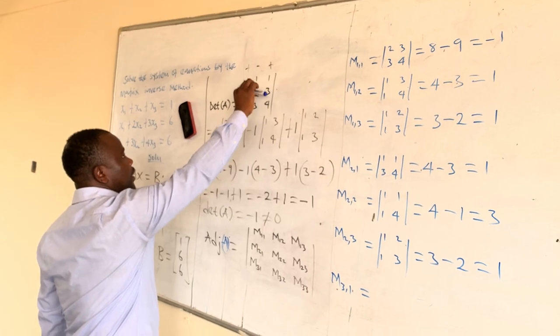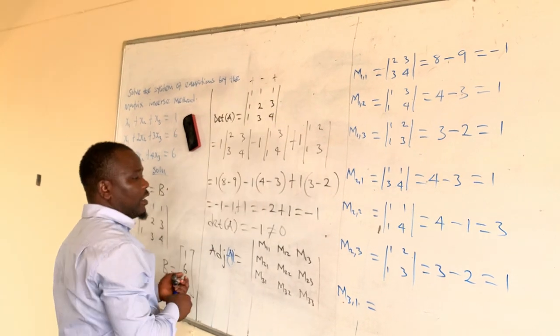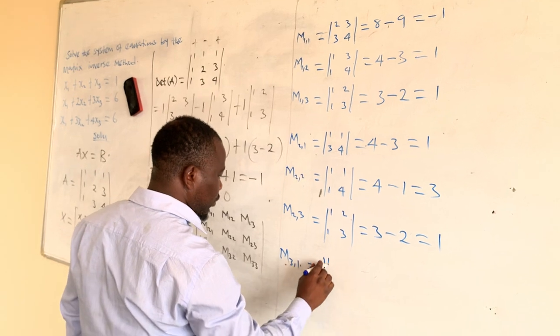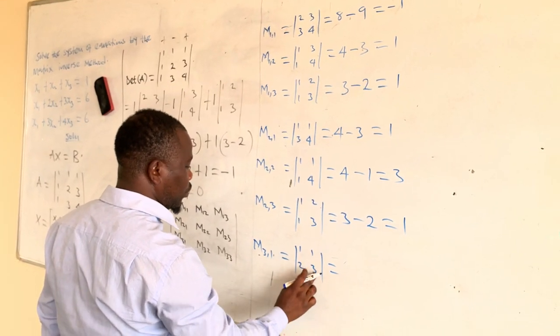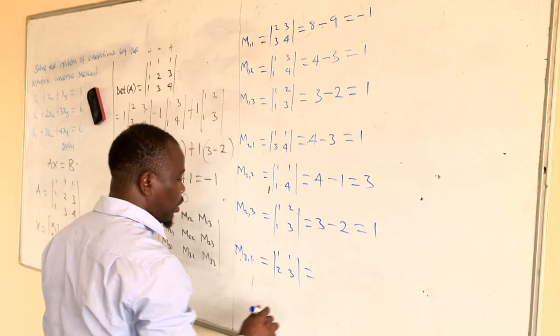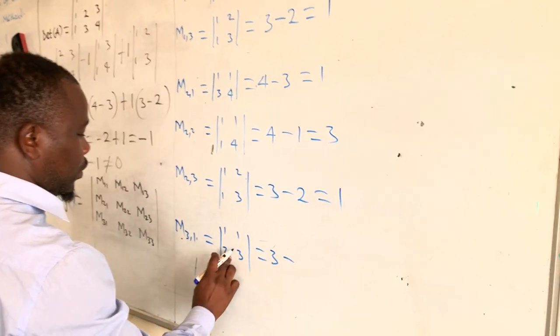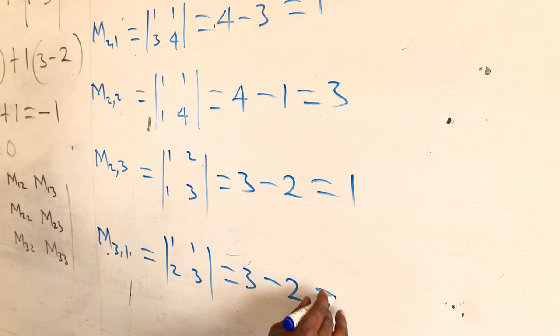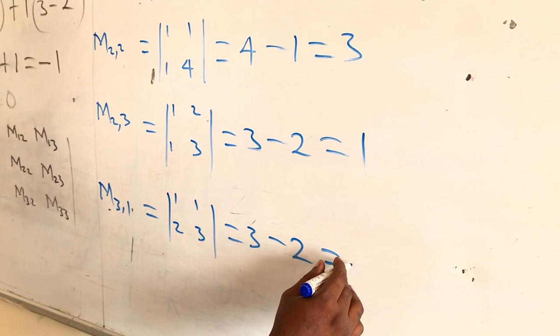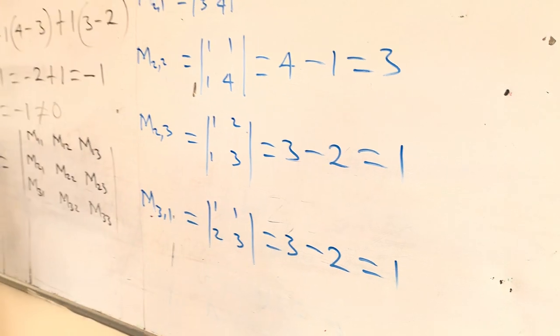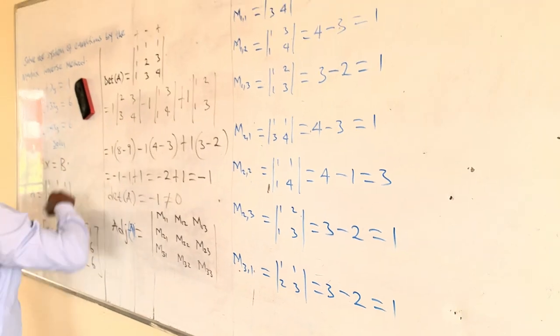We are saying 1, 1, 2, 3. Then this is equal to 3 times 1, which is 3, minus 2 times 1, which is 2. Then 3 minus 2 will give you plus 1. Amen? Are you following? Okay?